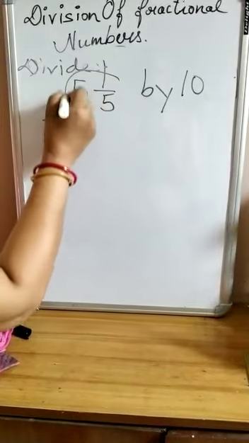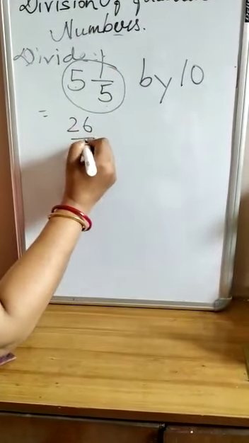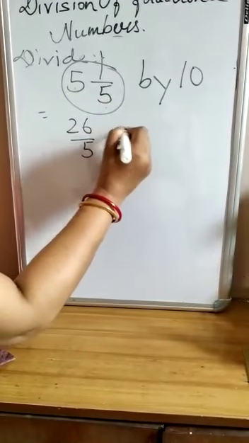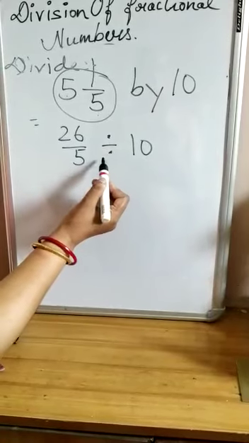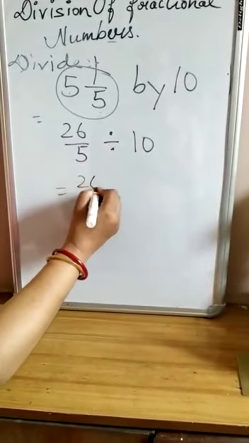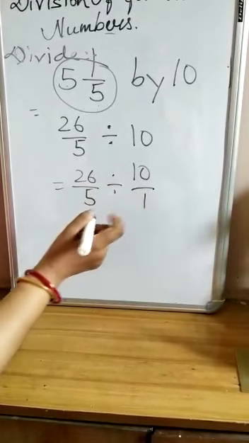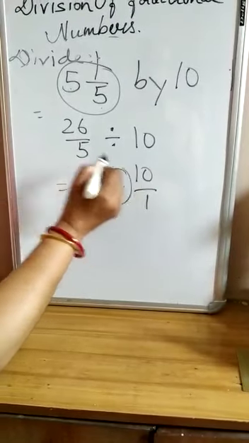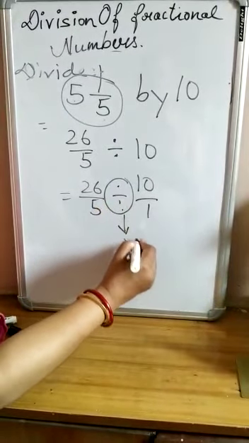Firstly, we will change this mixed number. 5 fives are 25 plus 1, 26 by 5 is divided by 10. Correct? Now, we can write it as 26 by 5 divided by 10 by 1. Correct? Now, when we are doing the division, firstly we will change this sign of division to multiplication.